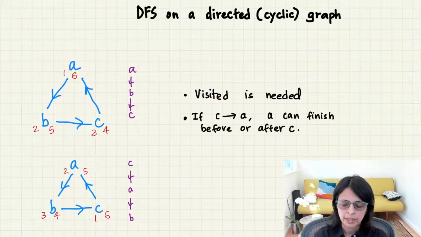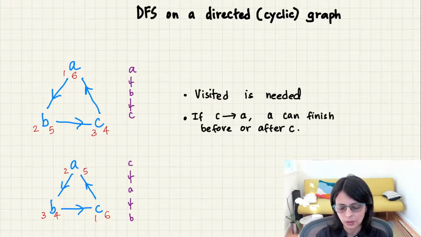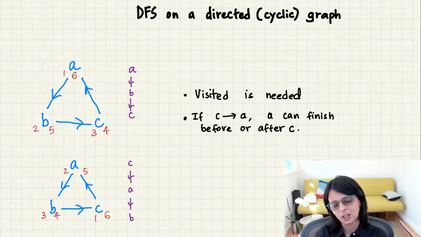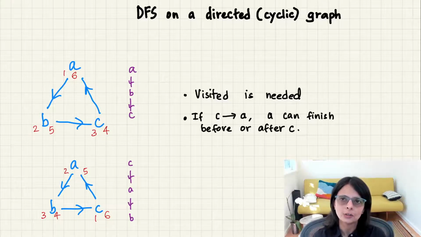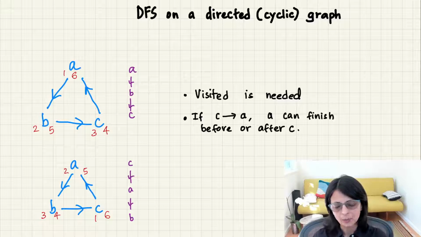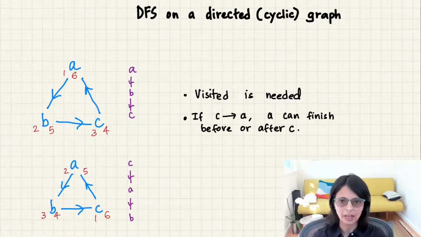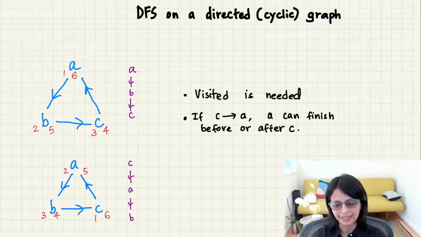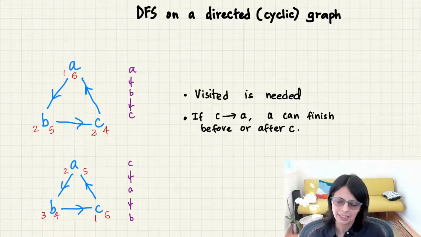Okay, DFS on a directed cyclic graph, so it's directed, but it does have cycles. Not a whole lot different than an undirected cyclic graph, but I just wanted to include it here. Visited is obviously needed because we can have infinite loops. And if there is an edge going from node C to node A, there's nothing we can guarantee about the finish times.